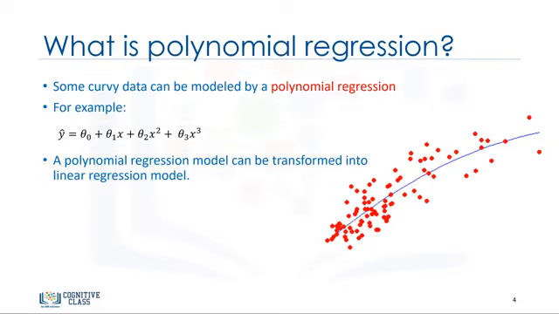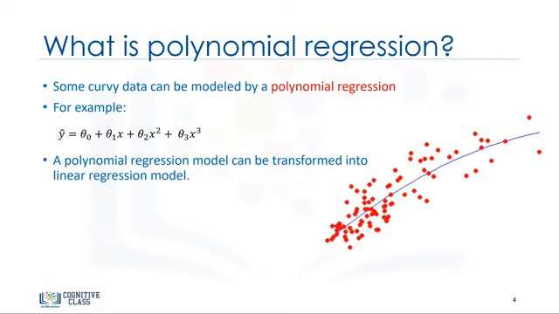Though the relationship between x and y is nonlinear here, and polynomial regression can fit it, a polynomial regression model can still be expressed as linear regression. I know it's a bit confusing, but let's look at an example.